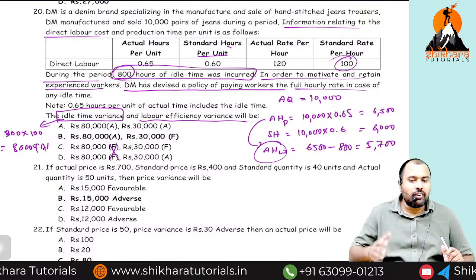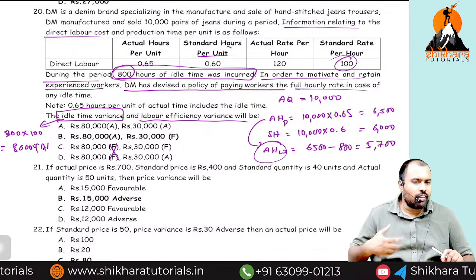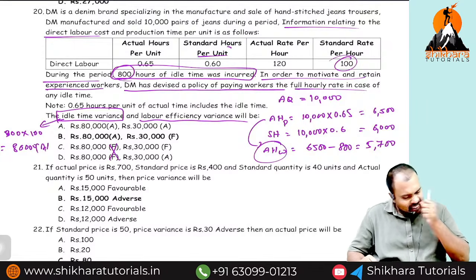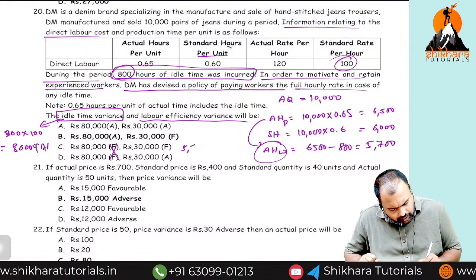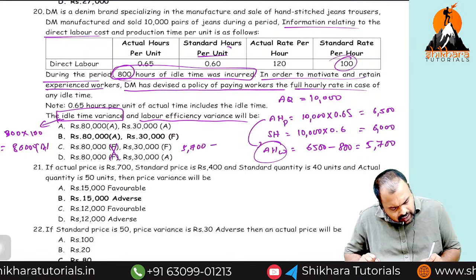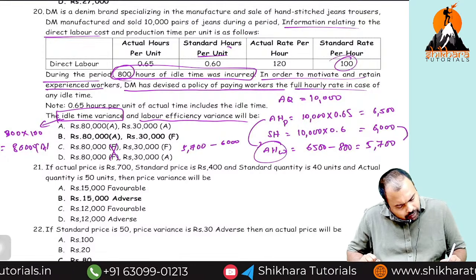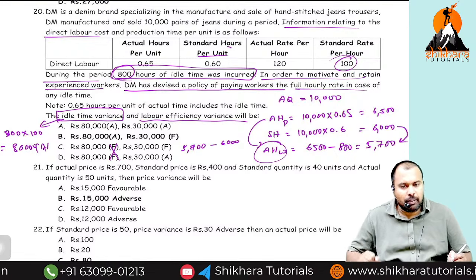Due to lack of work, he sat idle for 800 hours. We cannot take those idle hours and consider the efficiency of a labor, so only actual hours worked we have to take. So he worked 5,700, and we have given a time of 6,000. So it has to be favorable, sir.